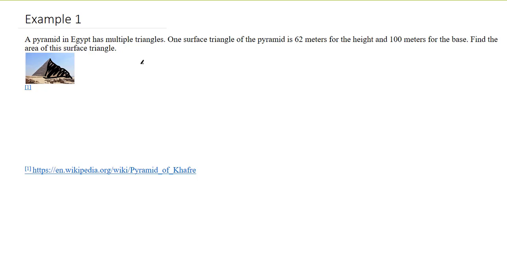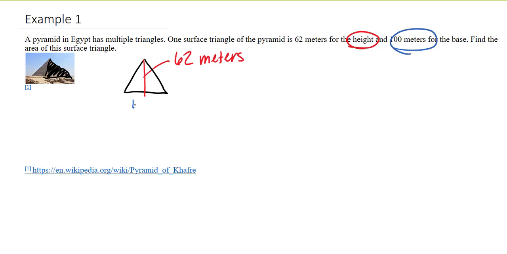So what we're saying is we have 62 meters for the height, and then we have 100 meters for the base, right here. So how do we solve for the area of a triangle?